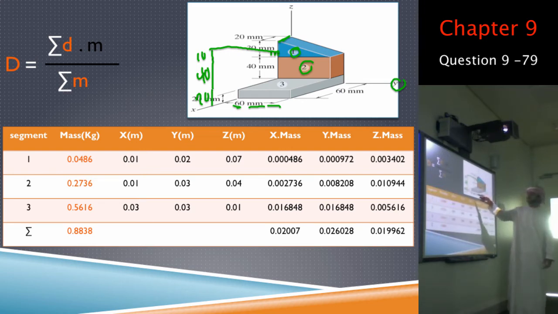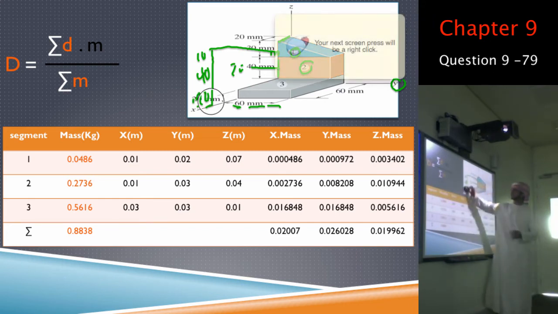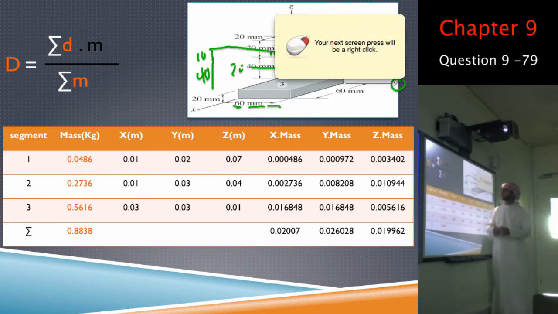So divided by 2, we get 30 millimeters, converted to meters, 0.03. And for z, it's 40. We divide it by 2, we get 20, and add it to this 20 here, we get 40. It becomes 0.04 by converting.